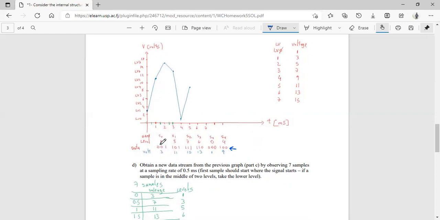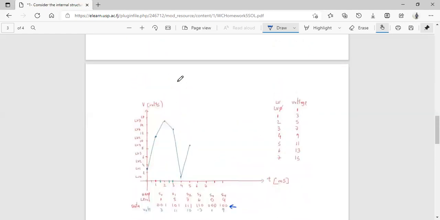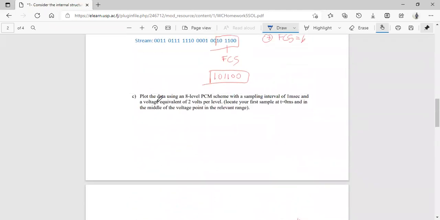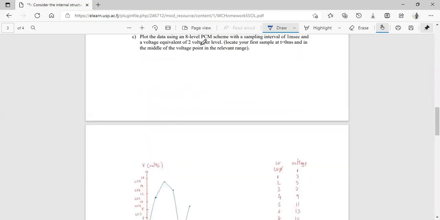So based on this information, this axis is my time axis, and this axis is my voltage axis, right? It says each level has a voltage equivalent of 2 volts per level. So 2 volts forms a single level.